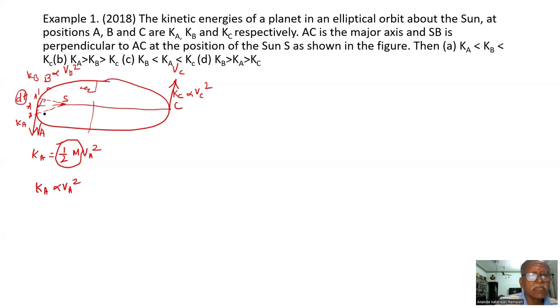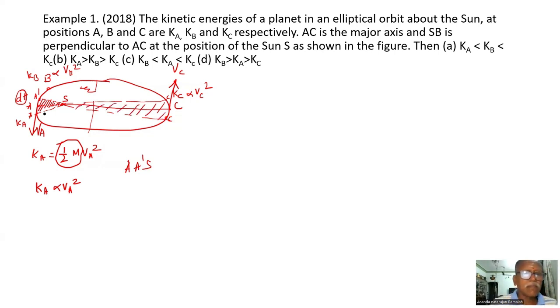The area covered by this displacement of the planet is A dash S. The same way, if we take the same distance C dash and join, you will get this much area.